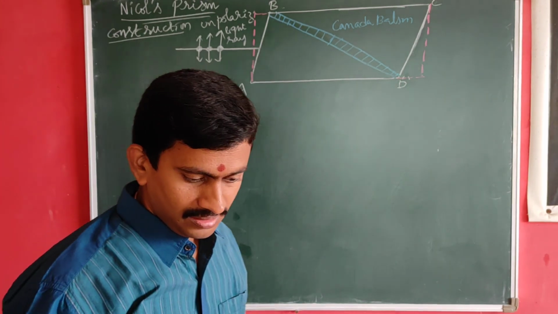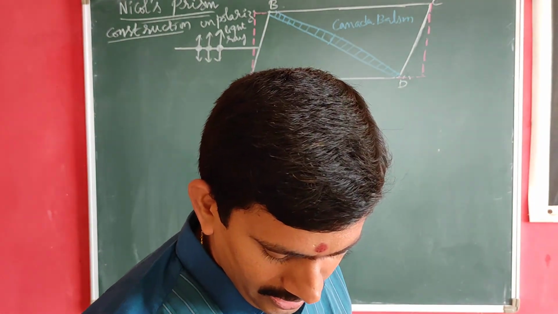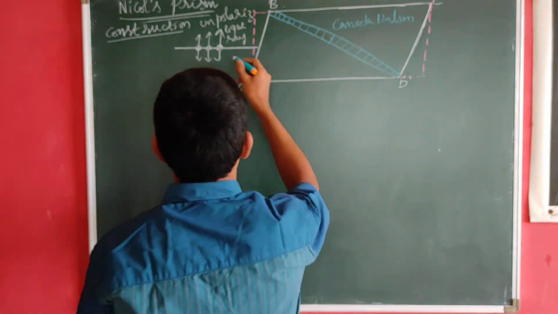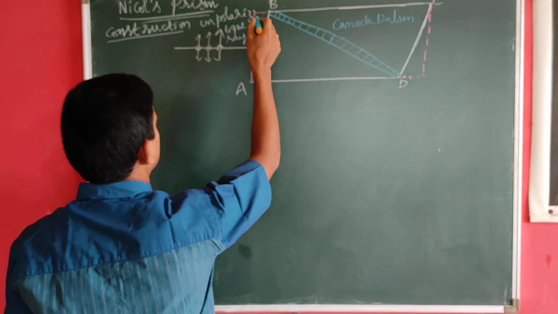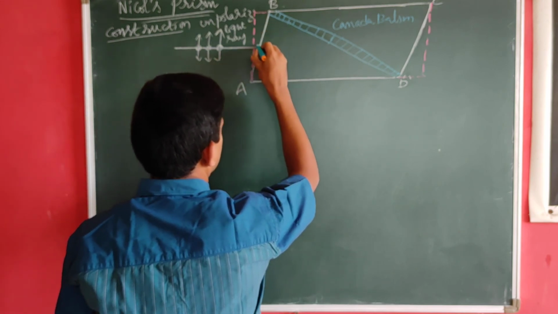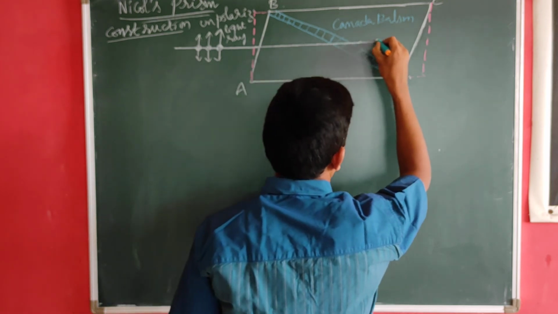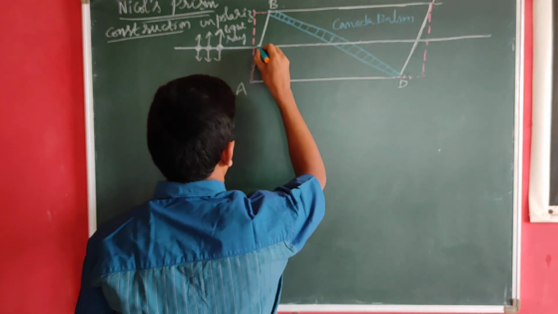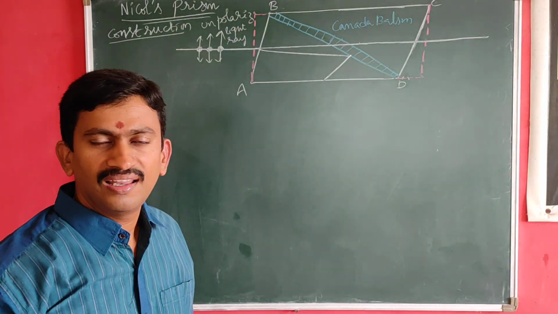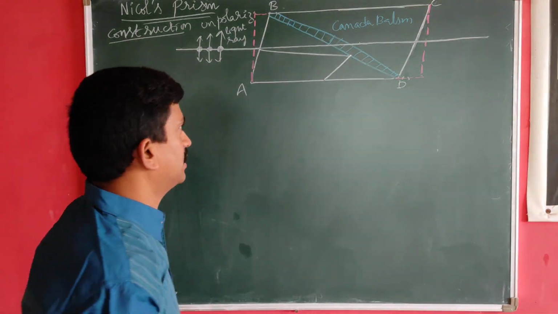Whenever an unpolarized light is incident on the Nicol prism, it undergoes two refractions. One is the extraordinary ray, another one is the ordinary ray, as we already discussed in the double refraction concept itself.